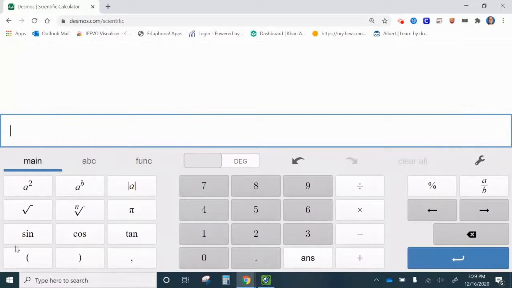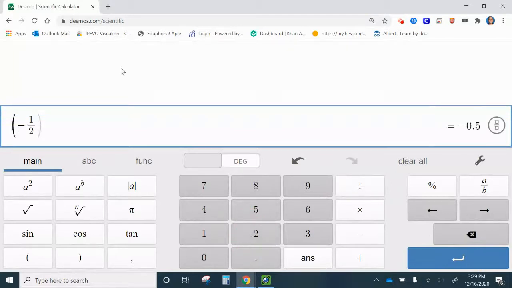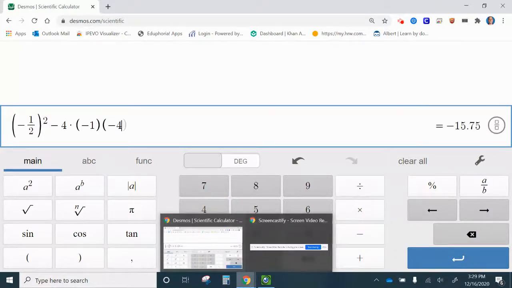Okay, so parentheses, negative 1 divided by 2 squared minus 4 times parentheses negative 1 parentheses negative 4. So that's negative 15.75.